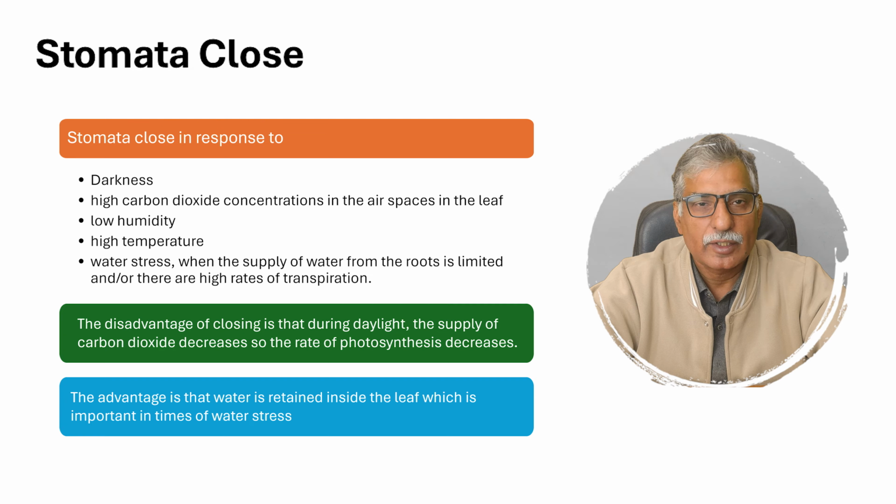But if the stomata close during the daytime because of high wind speeds, high light intensity, high temperature, or very dry air around, this will result in reduced photosynthetic yield.